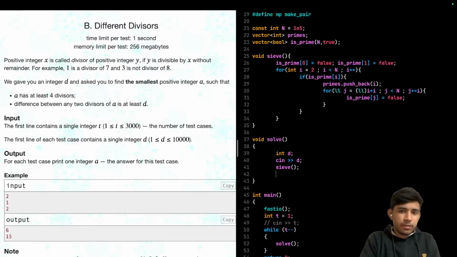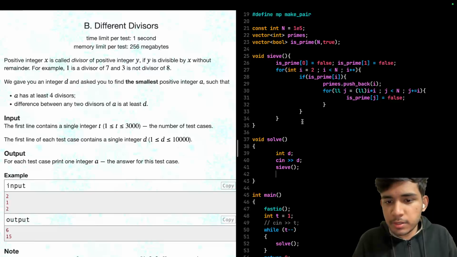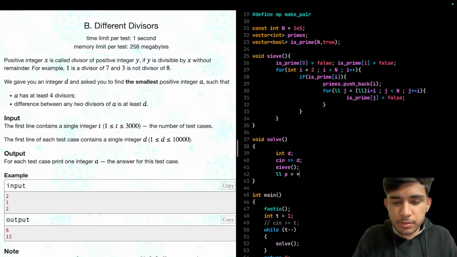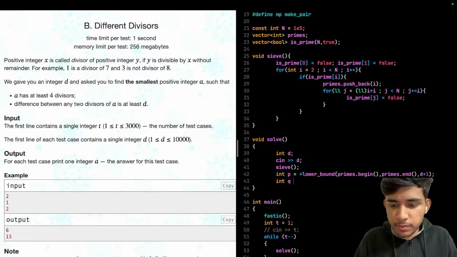Now we just have to search the lower bound for p. So p equals lower bound of primes.begin to primes.end for d plus 1, as an int. And q equals lower bound of primes.begin for p plus d.